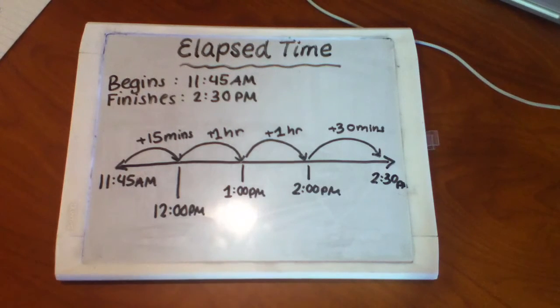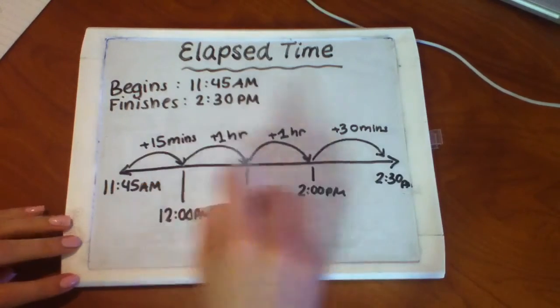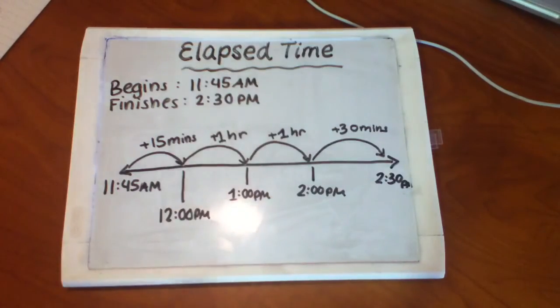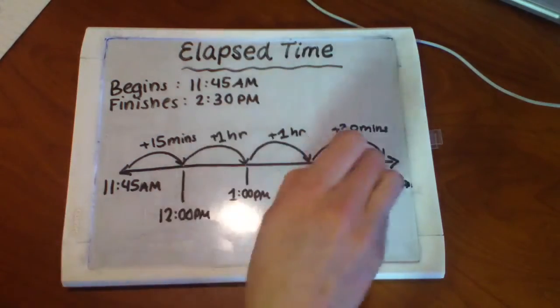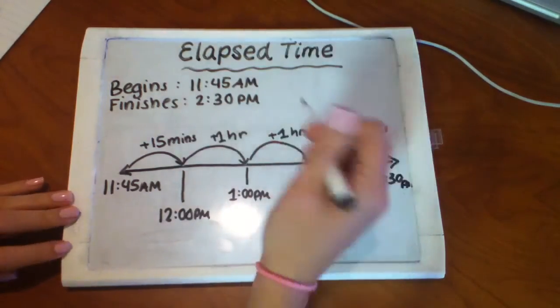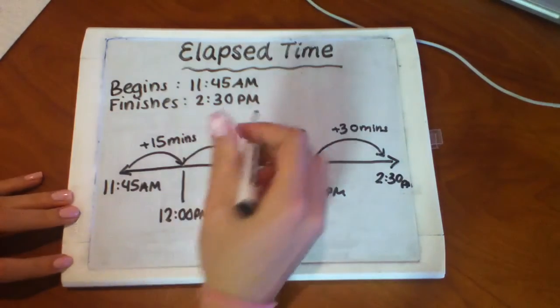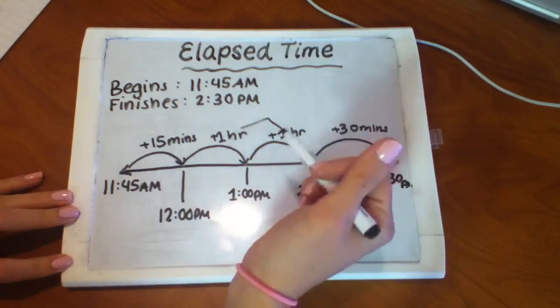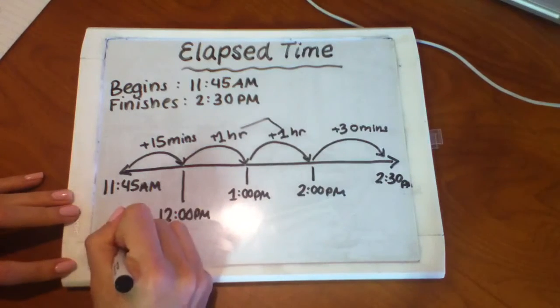Some things that some students can struggle with sometimes is forgetting to regroup at 60 minutes. That can be something to struggle with. Also, the way that we would figure out our amount of minutes, sorry I forgot to go over that, is we just add these up. So just like we did before, we can just put them down at the bottom to make it easier. So let's add 1 hour and 1 hour together.